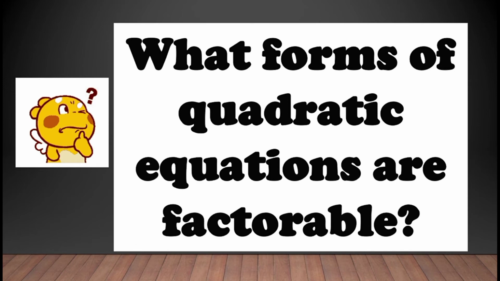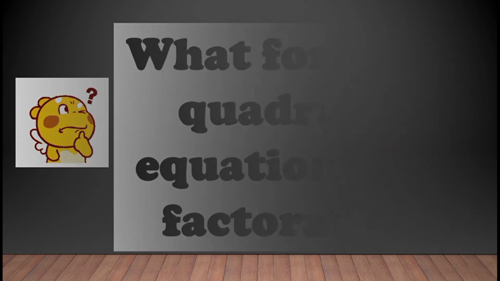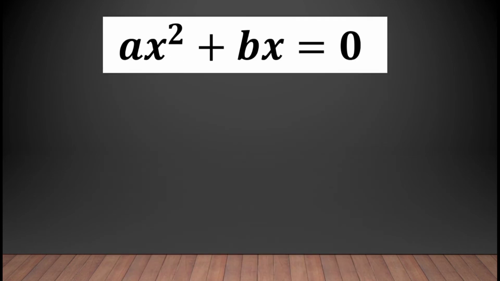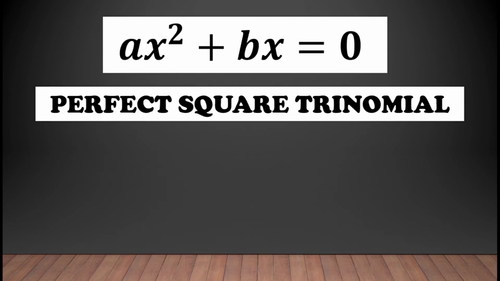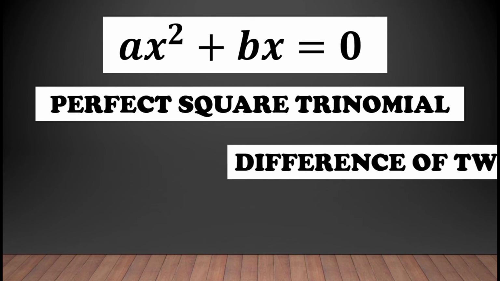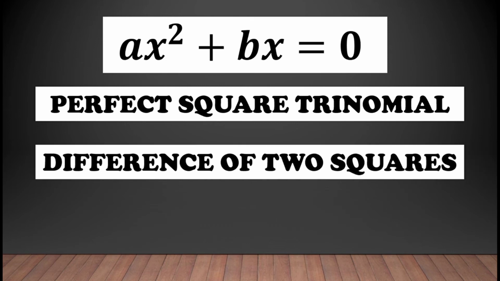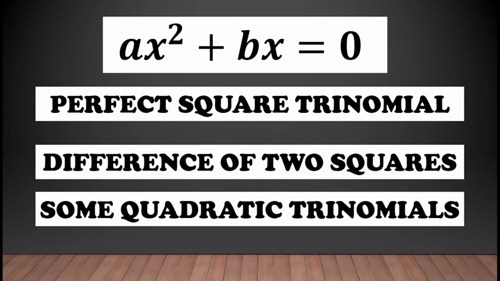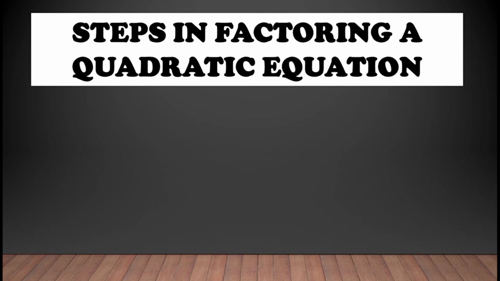The question is, what forms of quadratic equations are factorable? The forms are ax squared plus bx equals 0, perfect square trinomial, difference of two squares, and some quadratic trinomials that are factorable. Let us also bear in mind the different steps on how to solve quadratic equations by factoring.